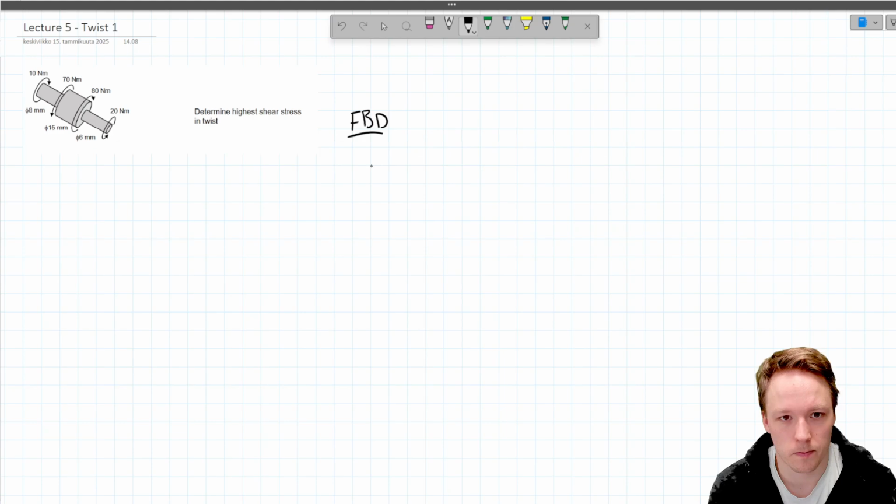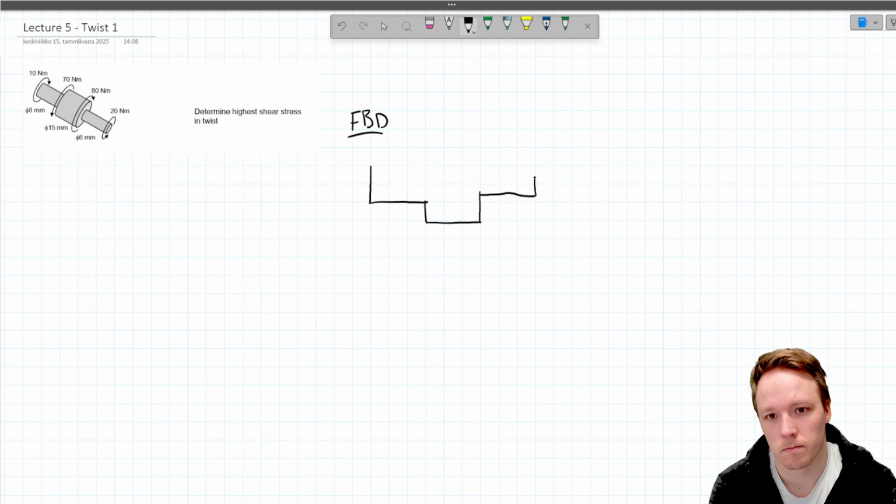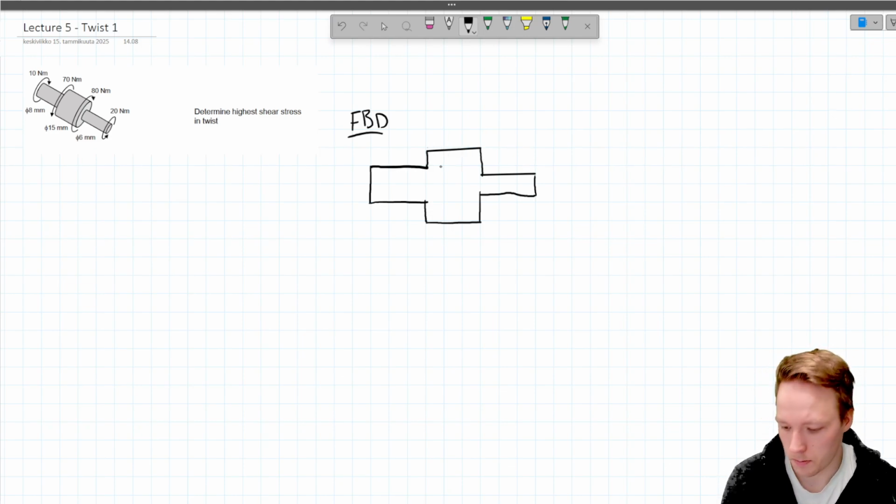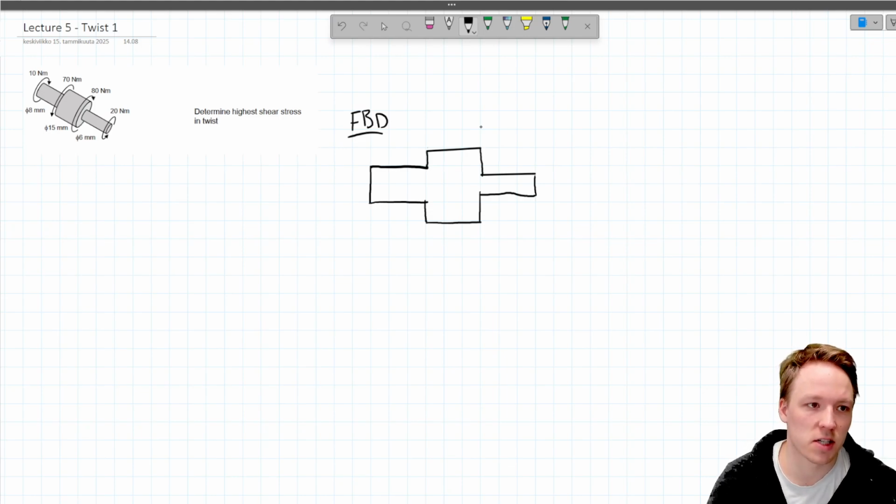So let's start from the first cross section here, like that. Like so. And now we have here external torques.